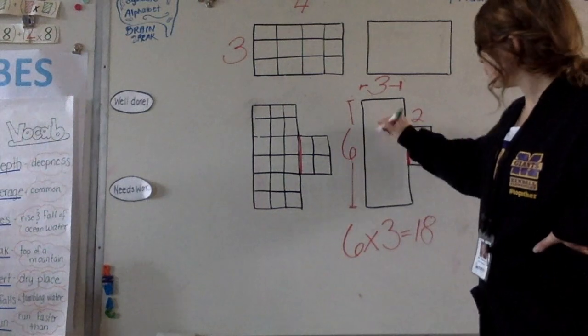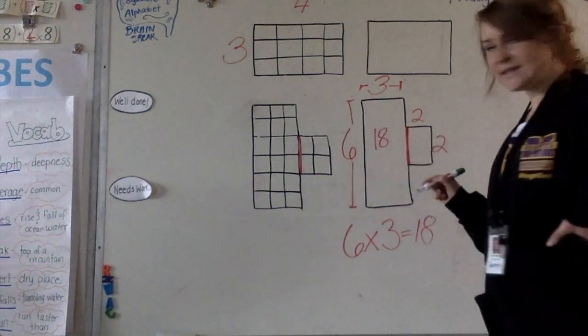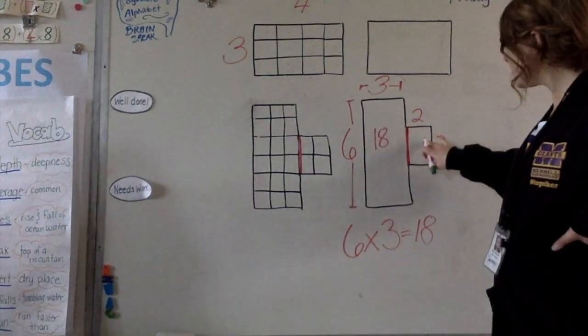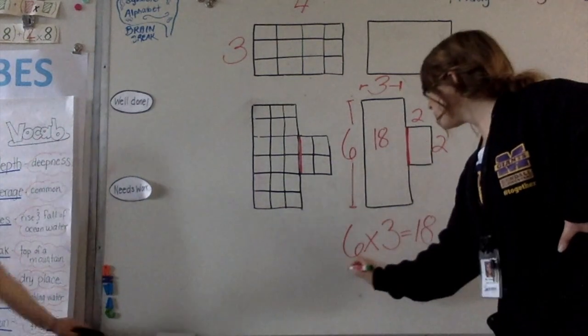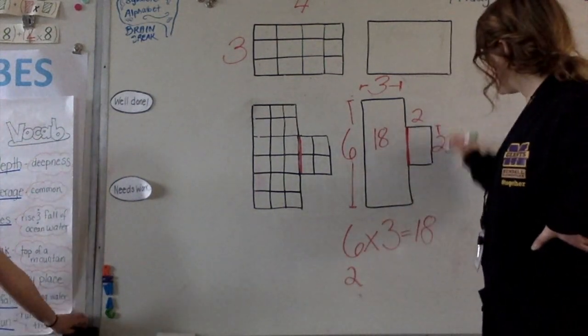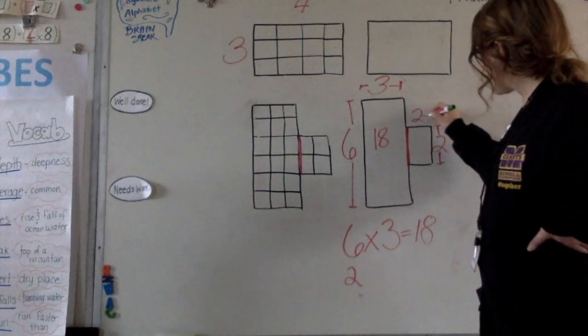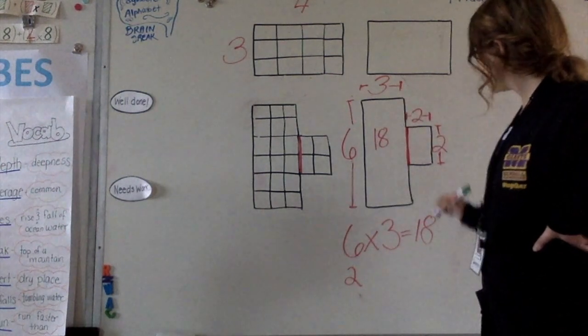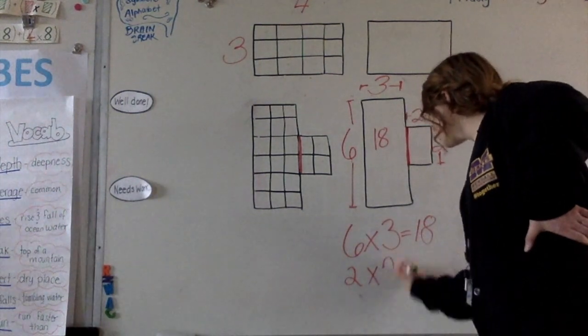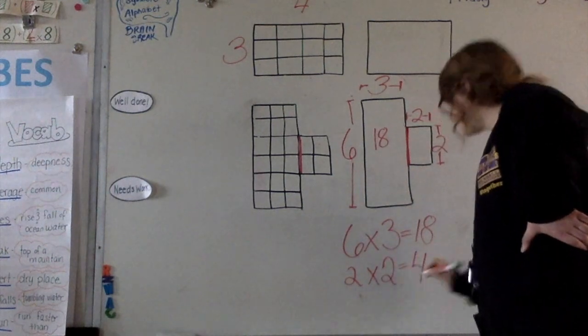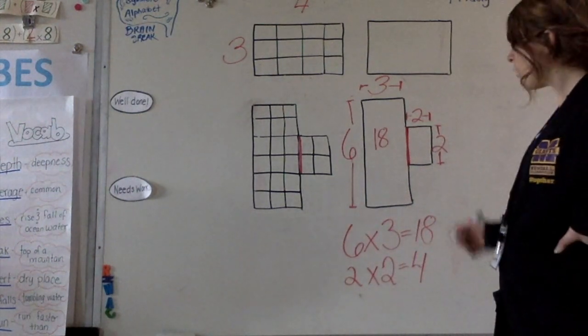That's how much is right here. This one is 18. Then this one is little. I'm going to multiply my length, how high it is, by my width, how wide it is. 2 times 2 equals 4.